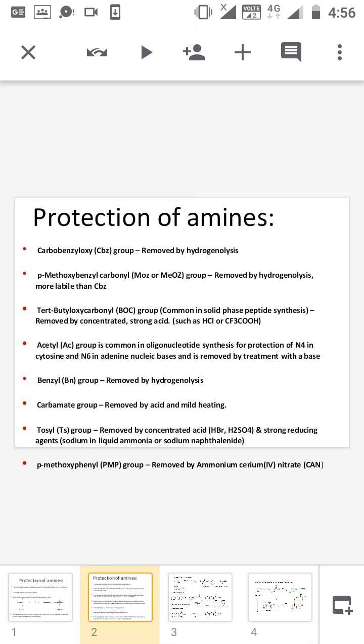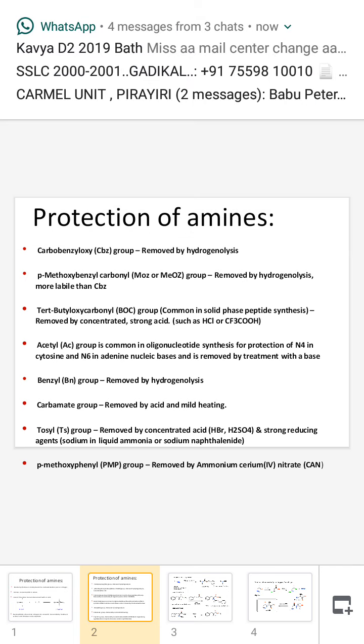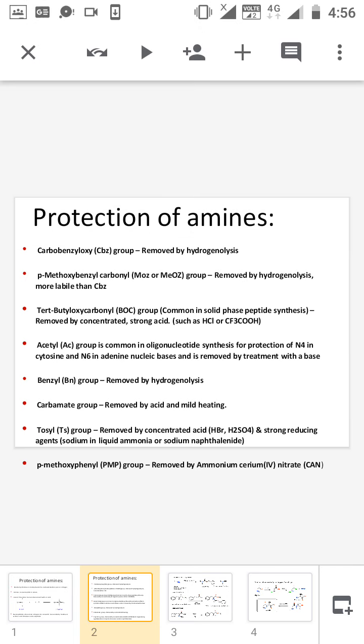Next, these are some of the protective groups commonly used for the protection of the amine, and I have also listed the method of removal, the deprotection of the group. The first one is the carbobenzyloxy group, which is removed by hydrogenolysis, then para-methoxybenzyl carboxide, acetyl group, benzyl group, carbamate, tosyl group, para-methoxyphenyl group and their removal.